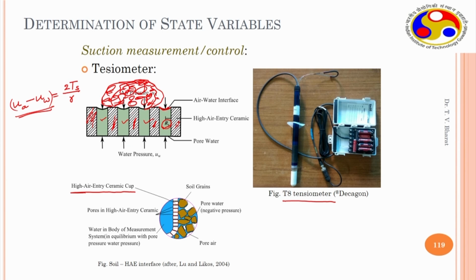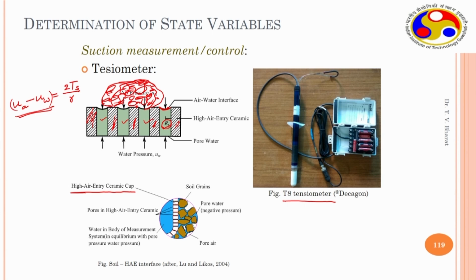Then when the soil contains negative pore water pressure, say up to 100 kilopascal, air cannot enter, but water within the soil pores can establish good contact with the water in the high air entry disk, which is again connected to the water filled body.